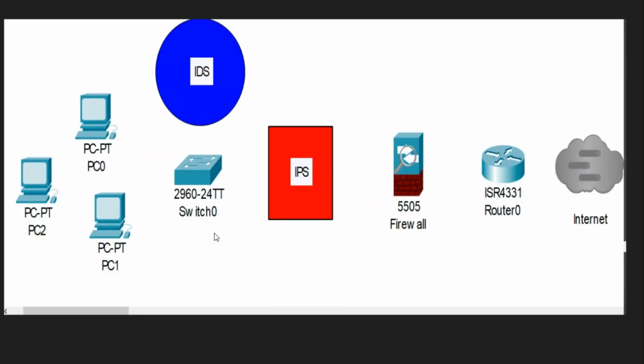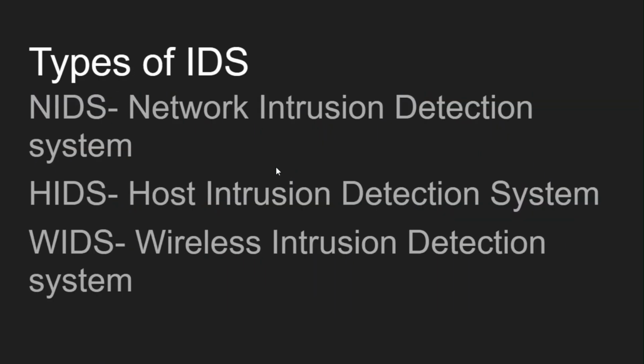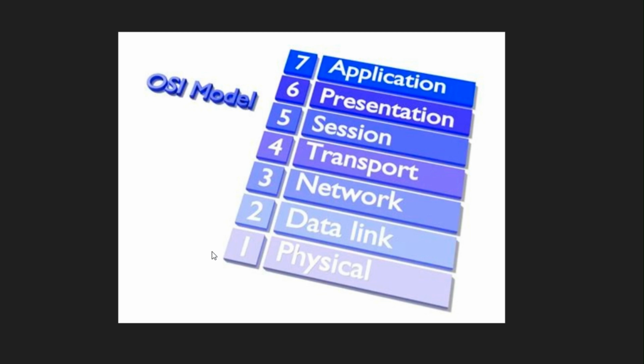We did talk about a tremendous amount of information today, and we'll leave it here with regards to an IDS and an IPS. But before we do, just remember that there are different types of IDSs: NIDS, HIDS, WIDS, meaning network, host, and wireless. The reason you have different intrusion detection systems is because of our OSI model, our framework.